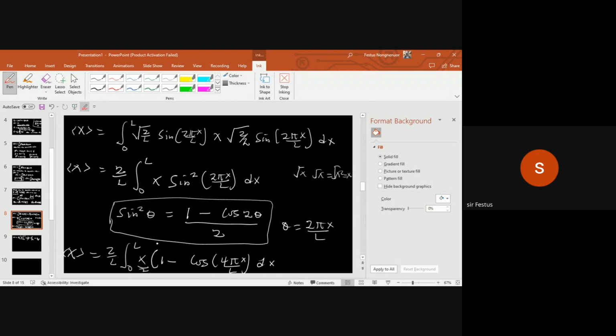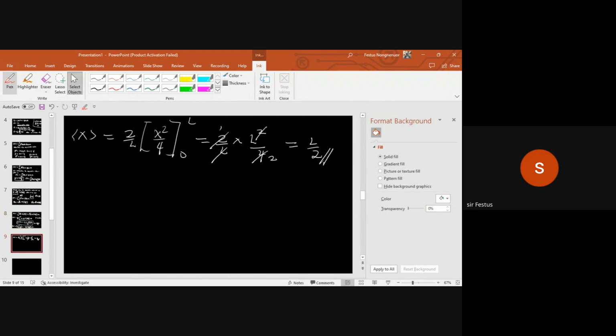Now we integrate. Because this is cos, when you integrate cos theta, the integral of cos theta will give you sine theta. Okay, then when you differentiate cos theta, that will give you negative sine theta.